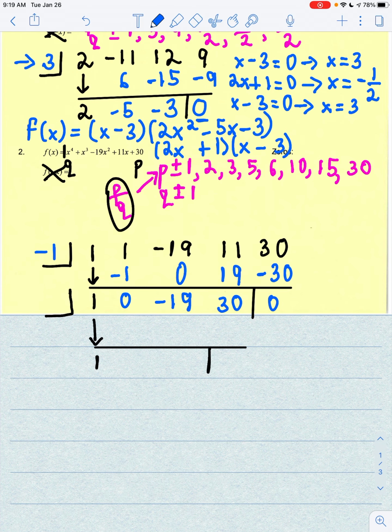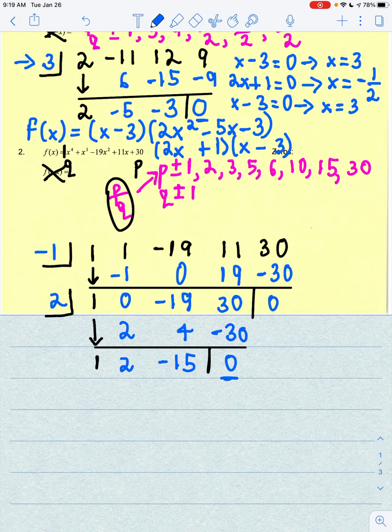So here we're at a cubic level. So I'm just going to continue, and I'll use positive 2. And if I do synthetic division, that would be 2, and I'd add, this is 4, negative 15, and that's negative 30. And the good news is I got that remainder of 0.